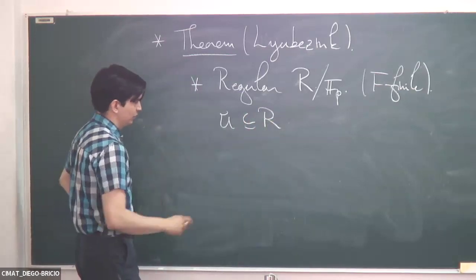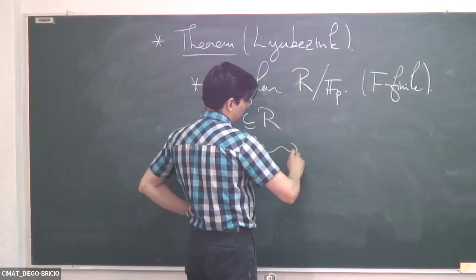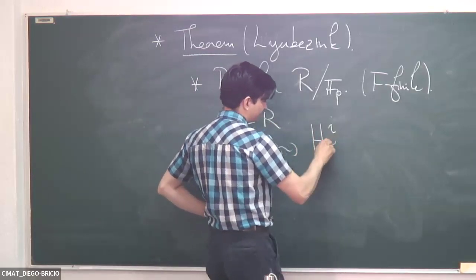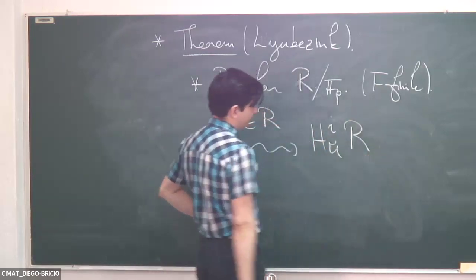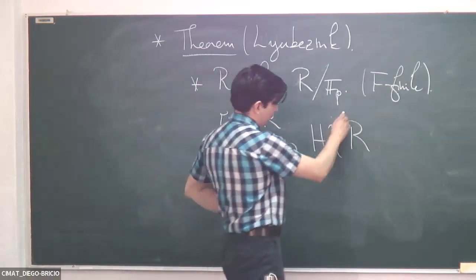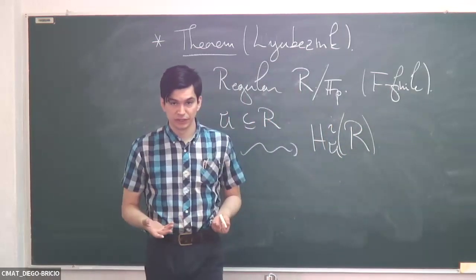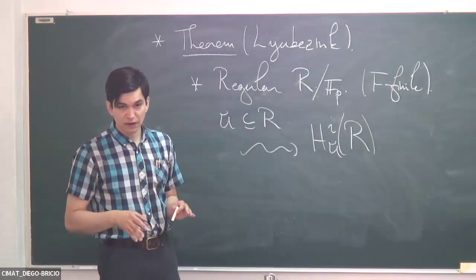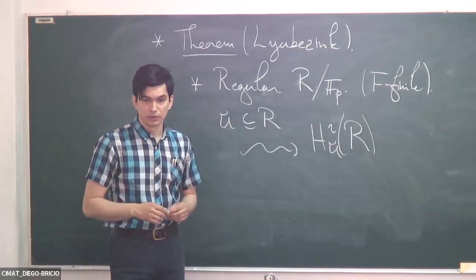And out of this, we can construct local cohomology modules. Right? And so we know that these things are Artinian and far from Noetherian.